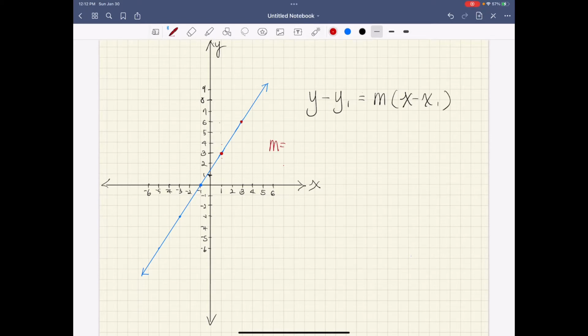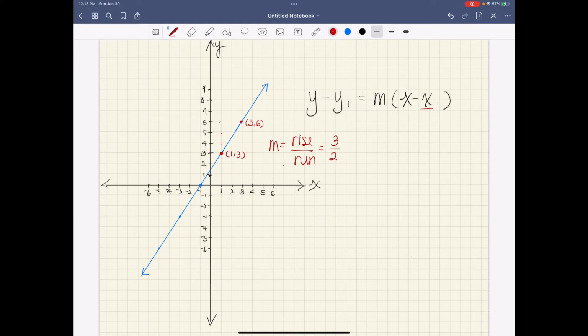Slope, rise over run. You can just use any 2 points here. I will use 1, 3 and 3, 6. And you just have to count them. From 1, 3 to 3, 6, you have to move 3 up and 2 to the right. So the slope will be 3 over 2.